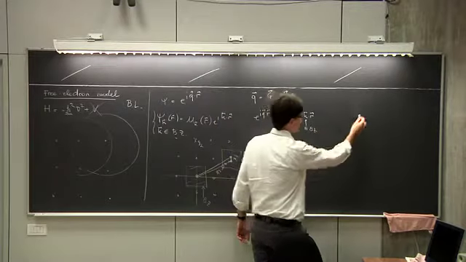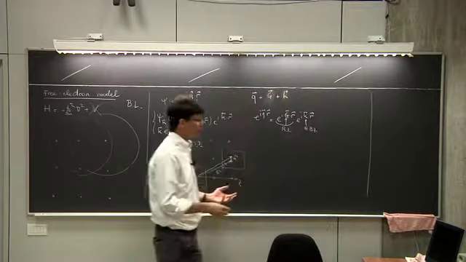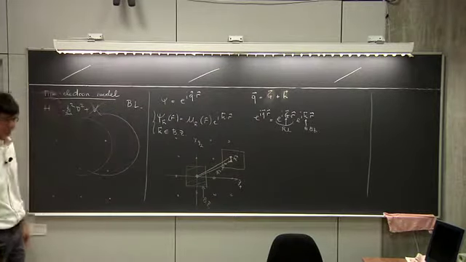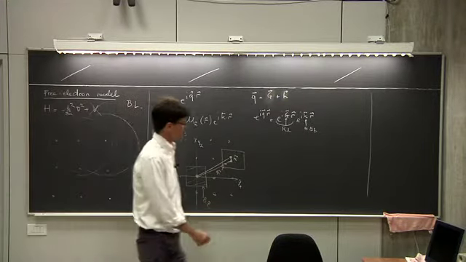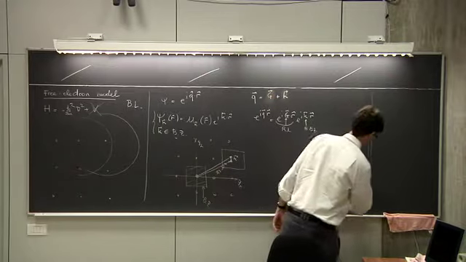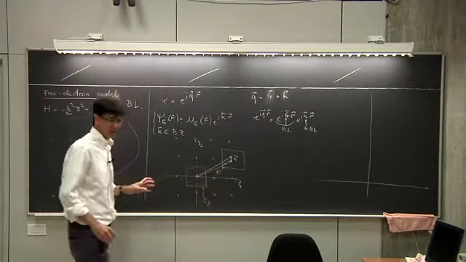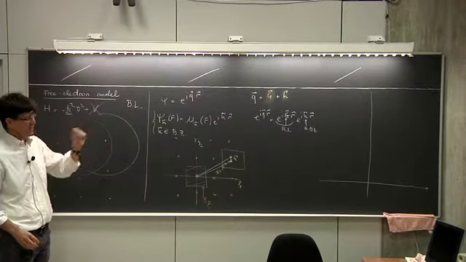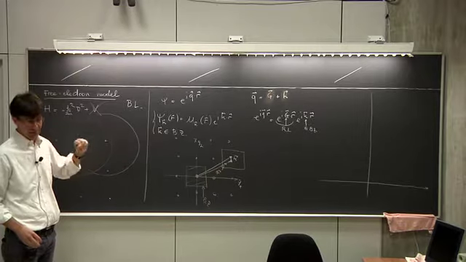Now, let me use this side of the blackboard to draw my band structure. I know the solutions, I know the Brillouin zone, I know everything. Let me now draw the band structure for a one-dimensional case.